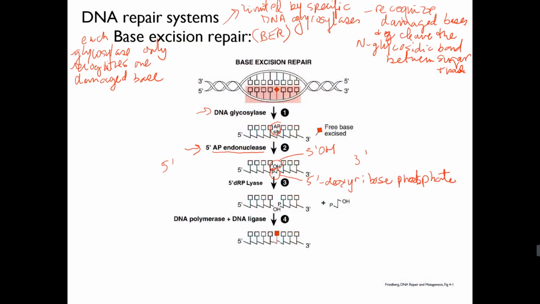So, you know, we don't have an actual gap. We've got a nick, a sugar, and then the rest of the chain. So we need some further processing before we're in a position where a polymerase can insert the correct nucleotide.